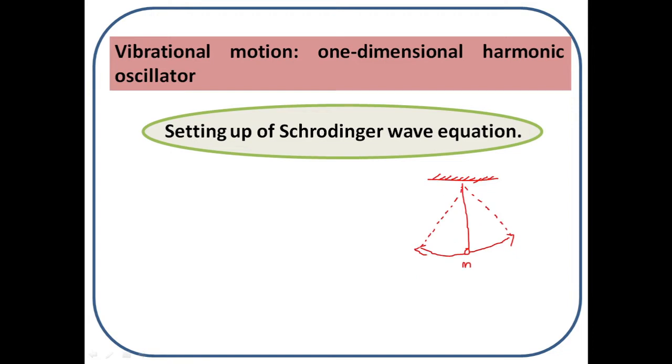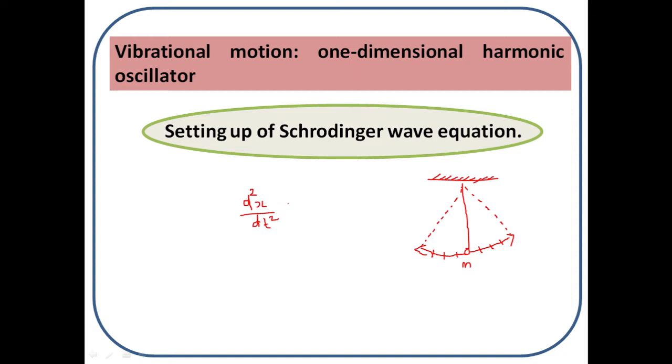A simple harmonic motion is a motion in which the acceleration at any point is directly proportional to the displacement from the mean position and is always directed to the mean position. That is the exact definition of a simple harmonic motion or oscillation. Acceleration is the second derivative of displacement with respect to time.